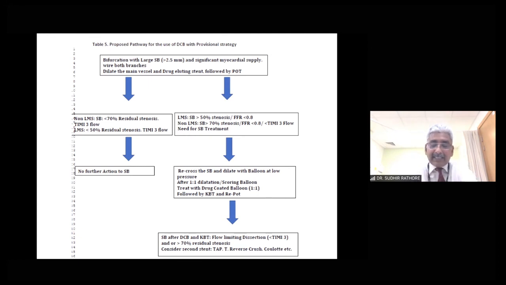And the second vessel is treated in a provisional fashion, a side branch, and I treat it with another drug-eluting stent if there is residual stenosis more than 70 to 90%, or if there is a flow-limiting dissection, then obviously there are options available, as we suggest in the EBC as well, to use either TAP, T, or reverse crush or culotte can be used.